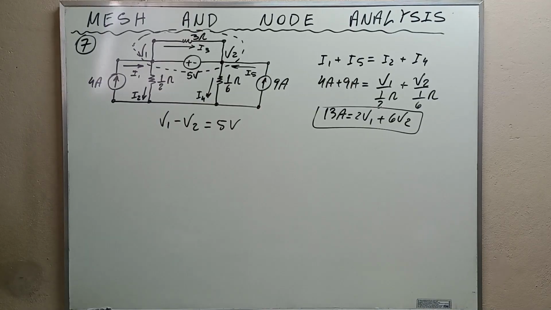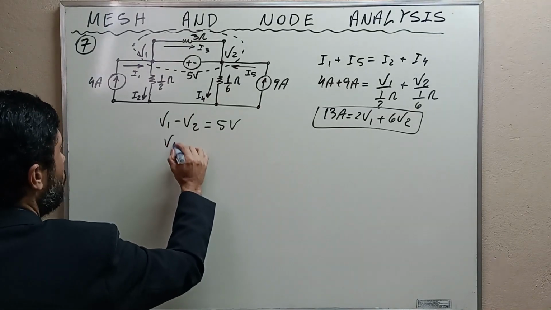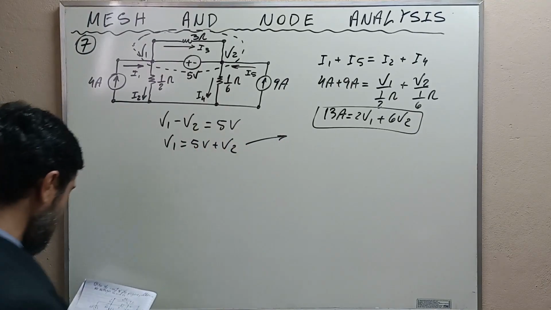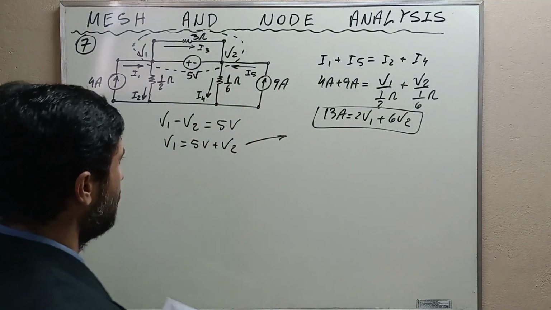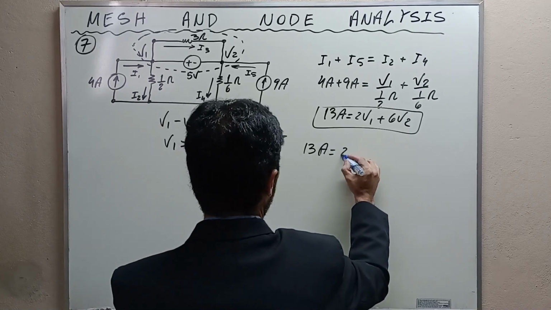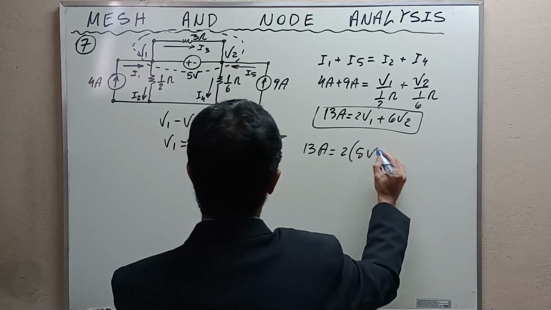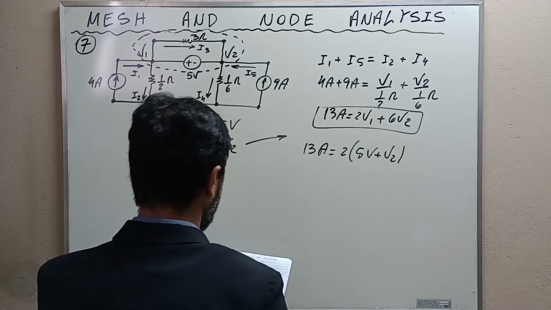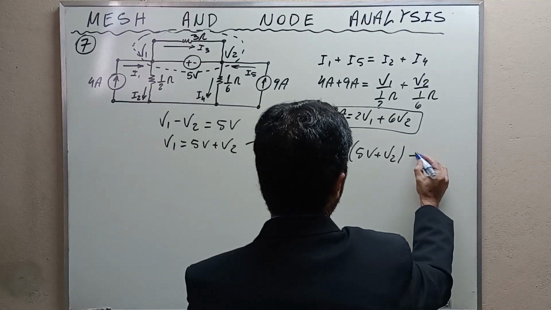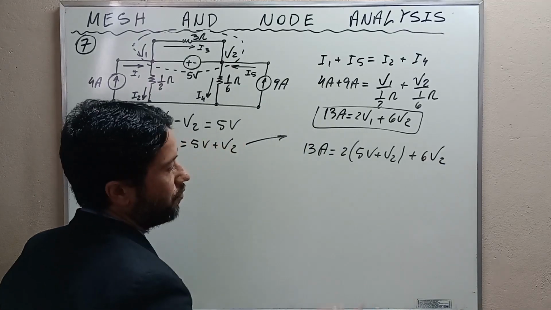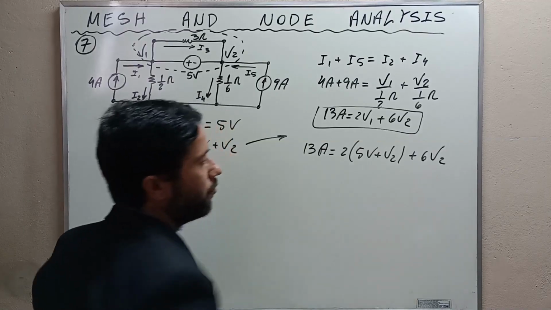Applying this to the first equation, we obtain that, okay, if V1 is equal to 5 volts plus V2, applying it there, we obtain that 13 amps is equal to 2 times 5 volts plus V2, plus 6V2. And we have here one equation with only one variable.